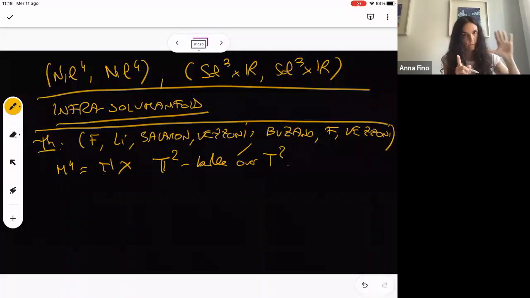But in general, you do not really. Gamma contains another lattice on X, and the quotient is finite. That's the general idea.